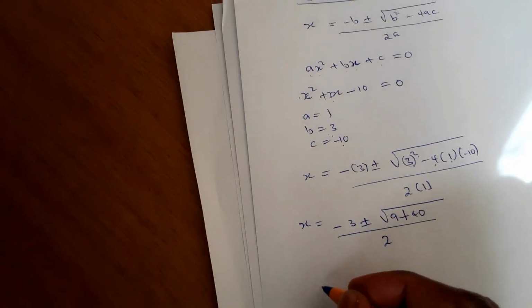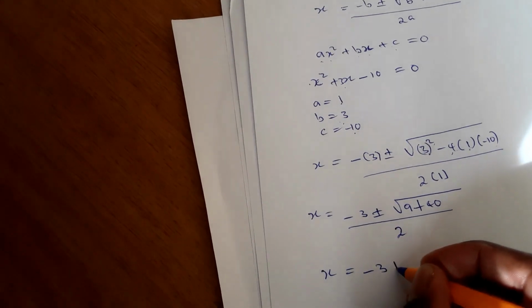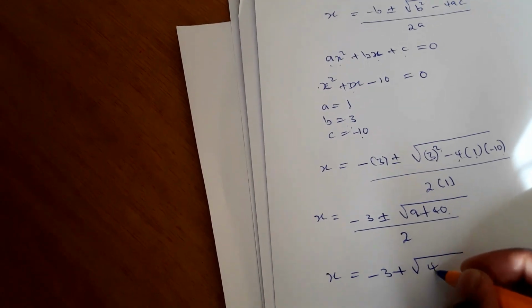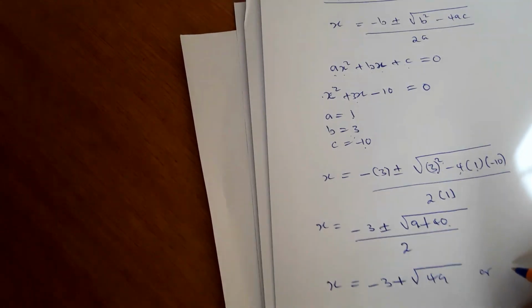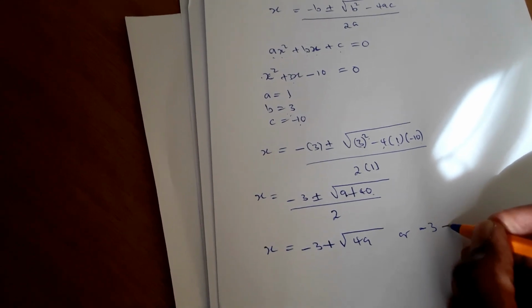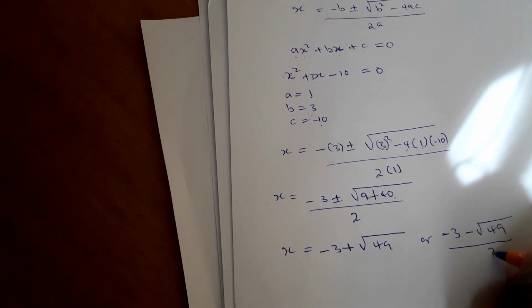Then x equals minus 3 plus square root of 9 plus 40, we get 49, or minus 3 minus square root of 49, over 2.